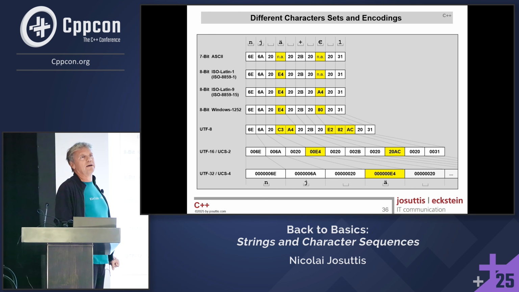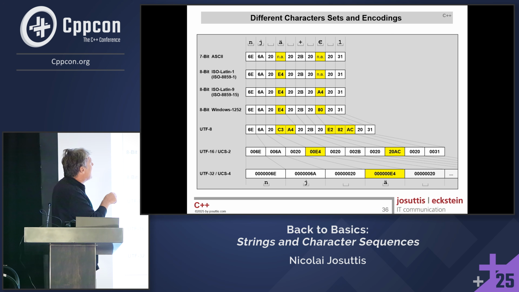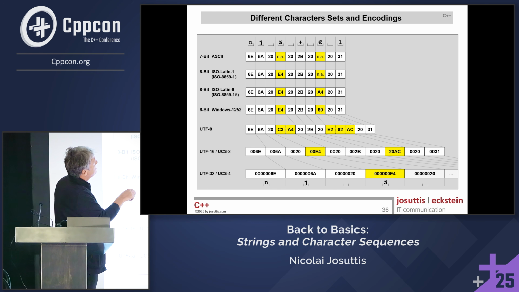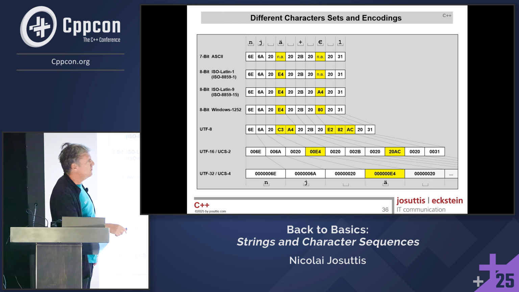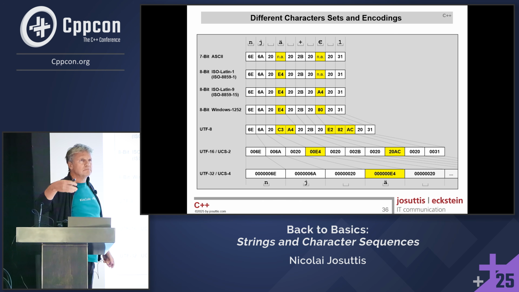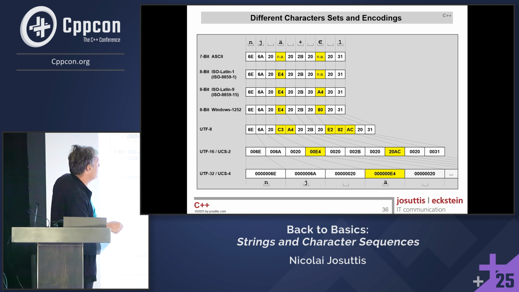We have way more characters than 128. So the 8th bit was added. For example, here you see an A umlaut, and that's a euro sign, the European currency sign that was invented not many years ago, about 20 or 30. We now use the 8th bit to have that.